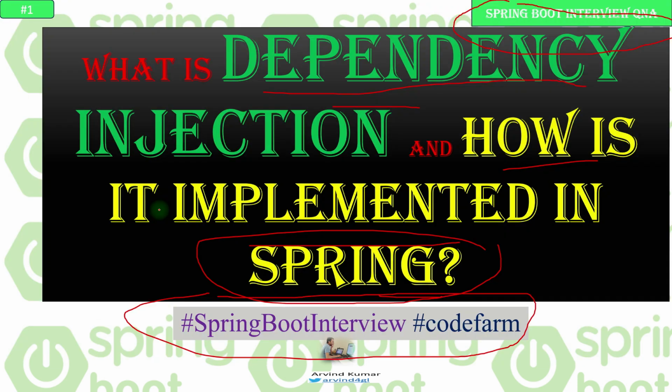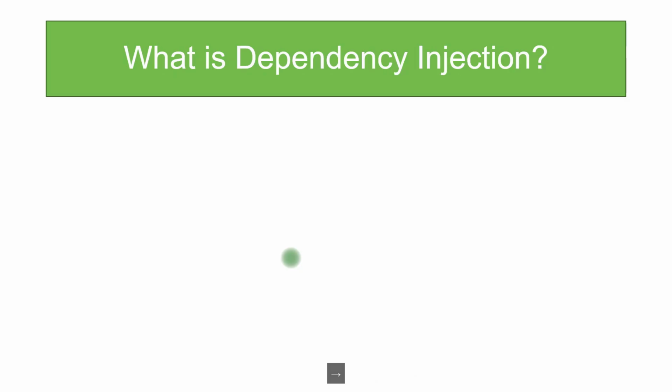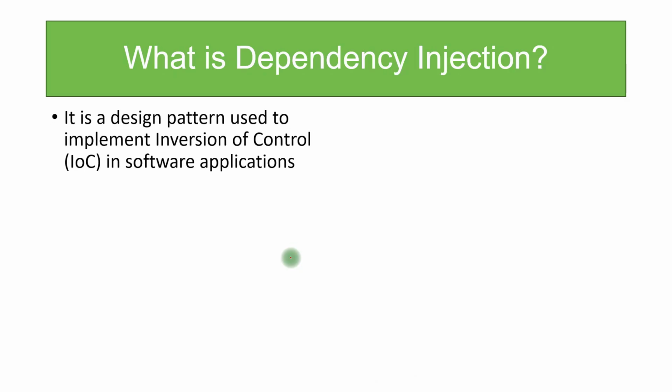Now coming to the question, we have to understand dependency injection first, then we will understand how it is implemented in Spring. So let's see first, what is dependency injection? Dependency injection is a design pattern which is used to implement inversion of control.